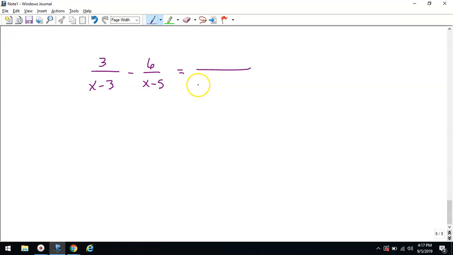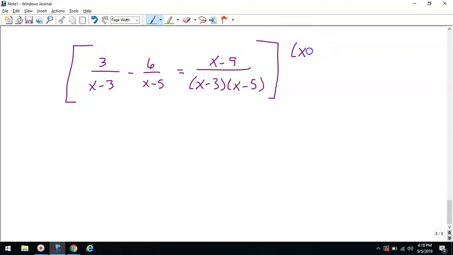Two numbers that add up to -8 and multiply together to be positive 15 are going to be -5 and -3, I think. Oh look, that works out perfectly. We're going to do the same thing as on the other one: multiply the entire equation by the least common multiple of everything, which is just this entire denominator.